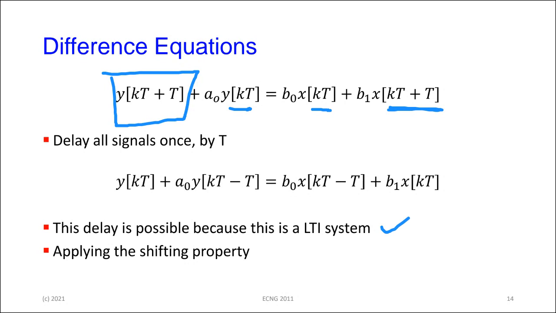Because we are dealing with LTI systems, and we spoke about this before, remember this is just a series of numbers. I could delay everybody by one time period. In other words, if I apply a minus T delay to everybody in this, then this becomes y(kT), this becomes y(kT minus T), x(kT minus T), and this just becomes x(kT).